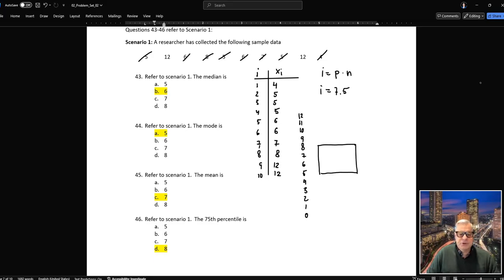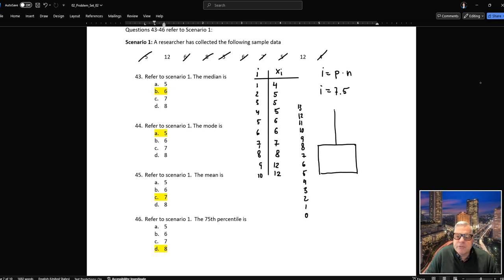Then the whisker is 1.5 times the interquartile range. So the interquartile range goes from 5 to 8. So we have to do 3 times 1.5, and that's 4.5. So maybe we still have here a 13, but then it goes into the middle.